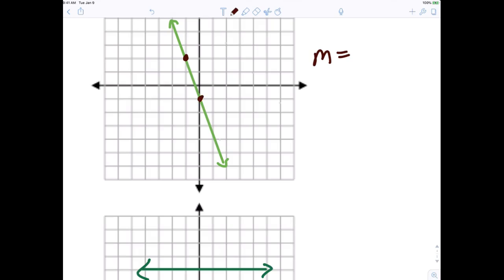What did I do? It's 3. Went down 1, 2, 3. Now, is that positive or negative? Negative. Negative 3 over 1, which is negative 3. Beautiful.